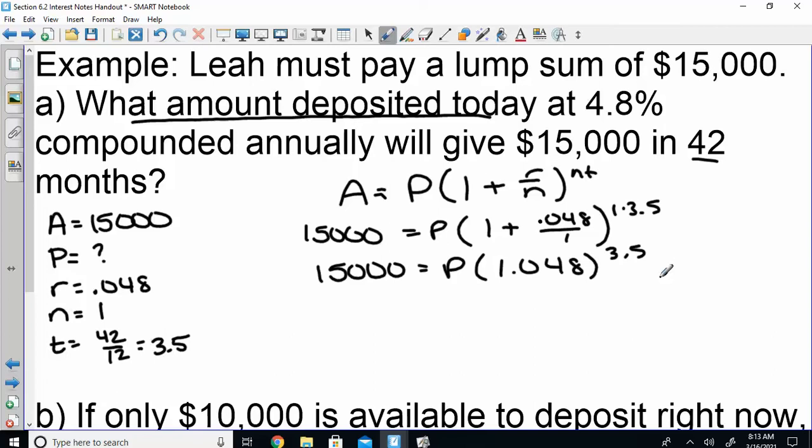Divide it over. So that's what I'm putting in my calculator. 15,000 divided by 1.048 to the 3.5 power.